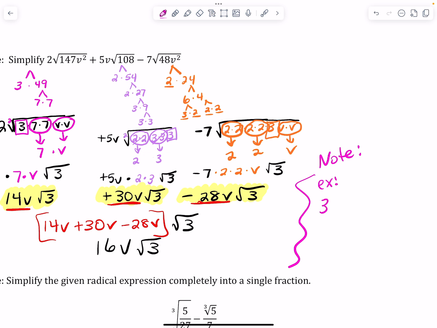And let's say we had 3 square roots of 2 plus 5v square roots of 2. We can't add 3 and 5v because those are not like terms. So they all have to have v to the first for you to be able to combine them, like we had here, 14v, 30v, and negative 28v.